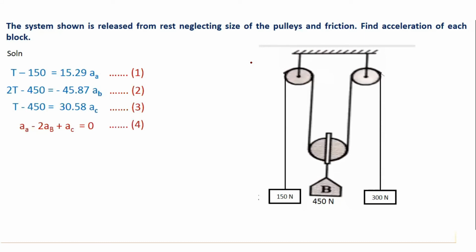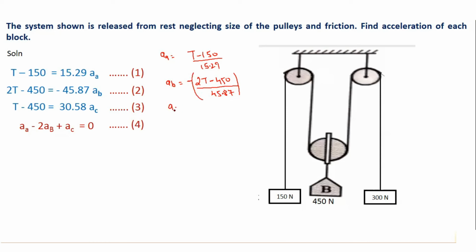Now from this equation I will get AA is equal to T minus 150 divided by 15.29. Similarly from here I can get AB is equal to 2T minus 450 divided by 45.87, but as it is minus here I can write down minus.